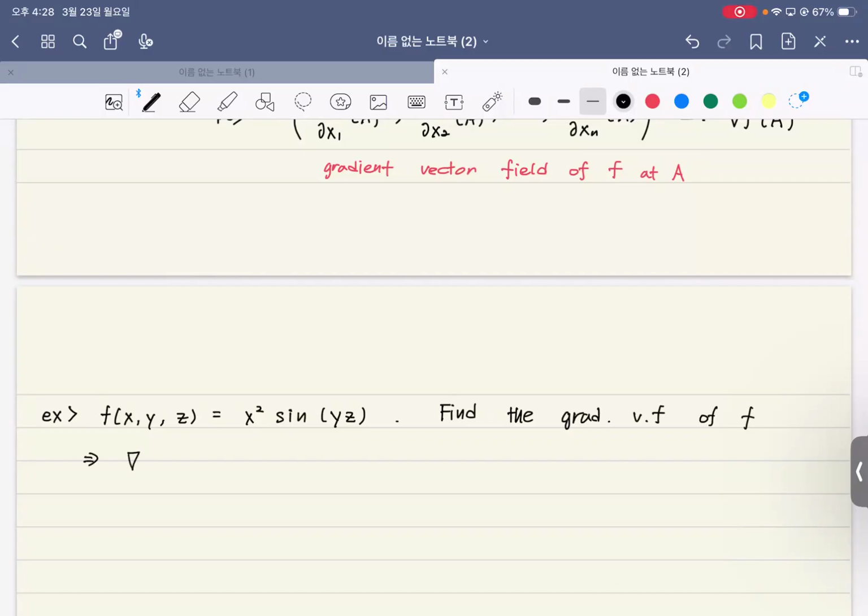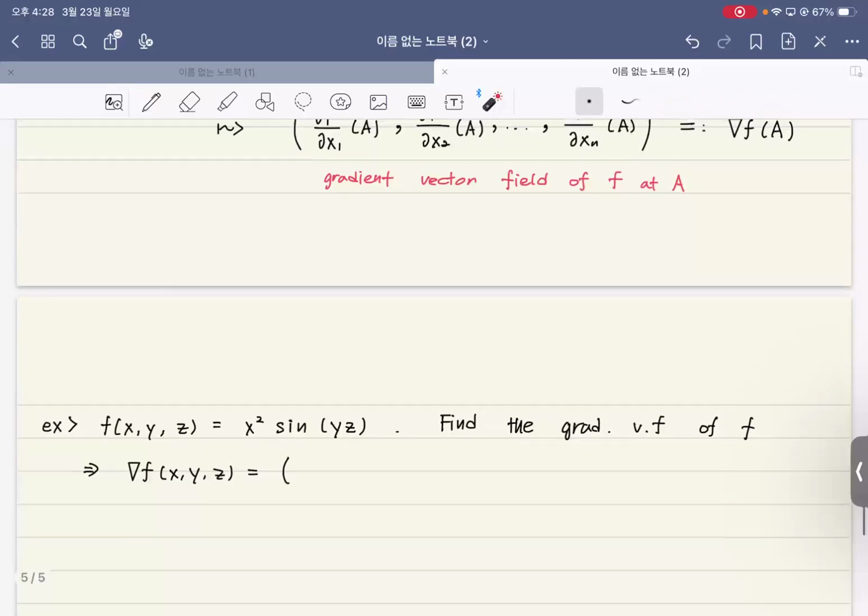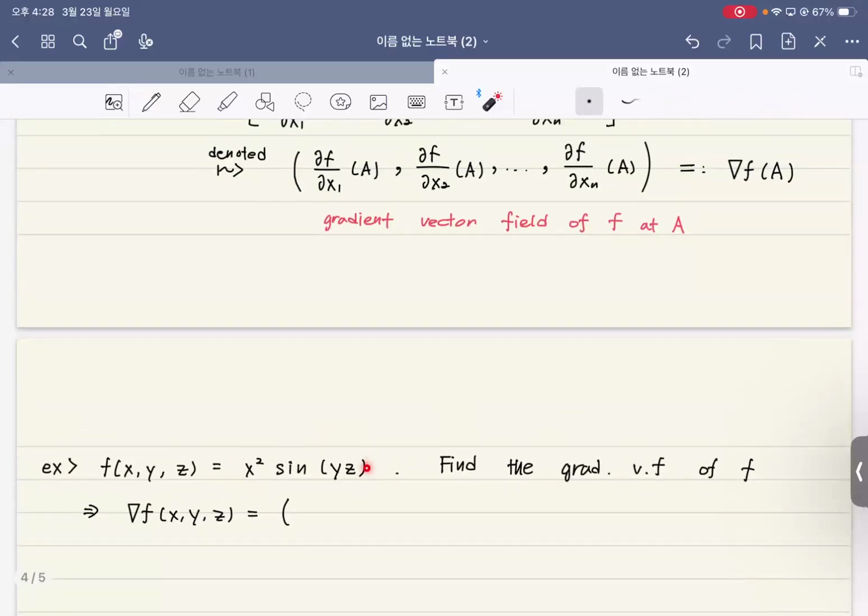Okay, but this will also be doable, because the first component of the gradient vector is obtained by taking the partial derivative of the function with respect to the first variable, which is 2x sine yz.